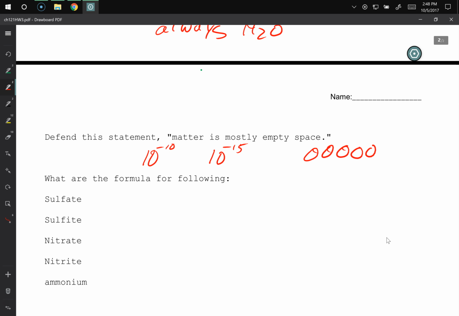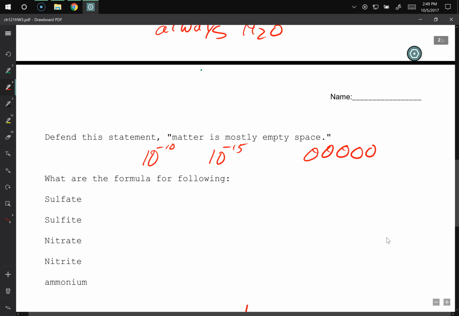All right, what's the formula for the sulfate? S, sulfur and 4 oxygens and a negative 2 overall charge. And the sulfite? Sulfur and 3 oxygens and a minus 2 charge.